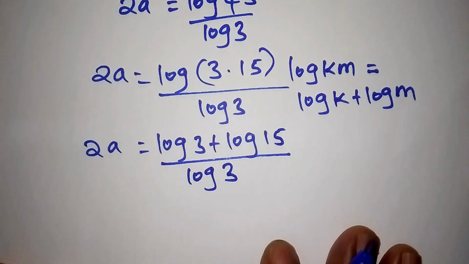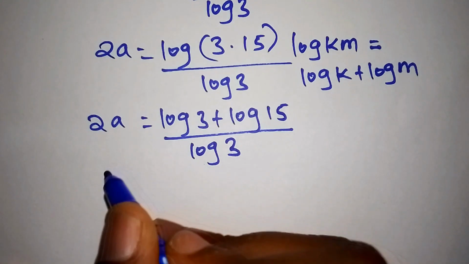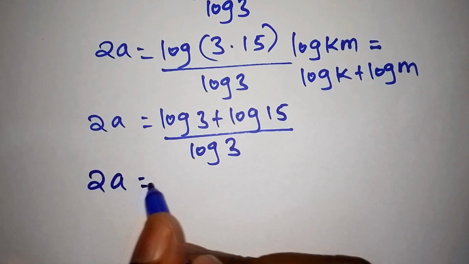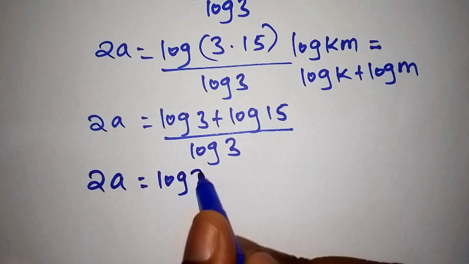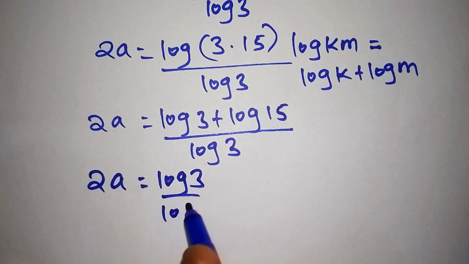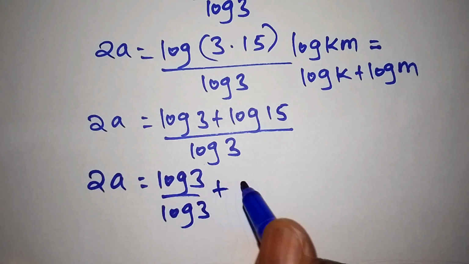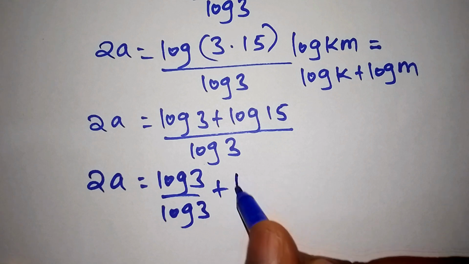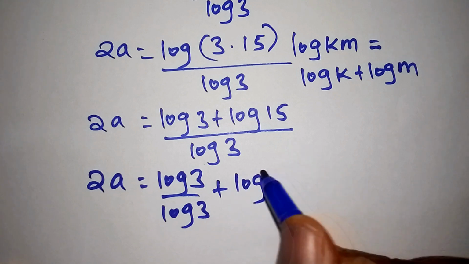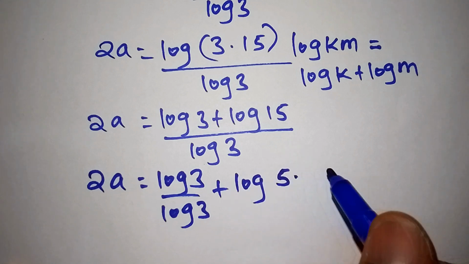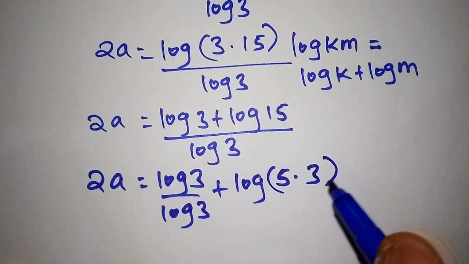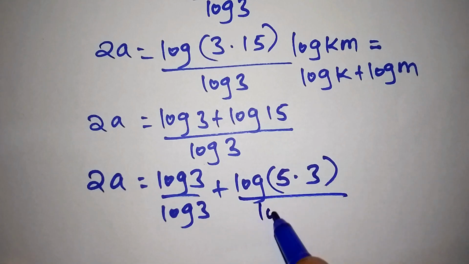So now we shall now divide both sides by the log of 3, so that 2a is equals to, so log 3, then all over the log of 3, then plus the log of 15 can be written as the log of 5 multiplied by 3, then into bracket all over the log of 3.